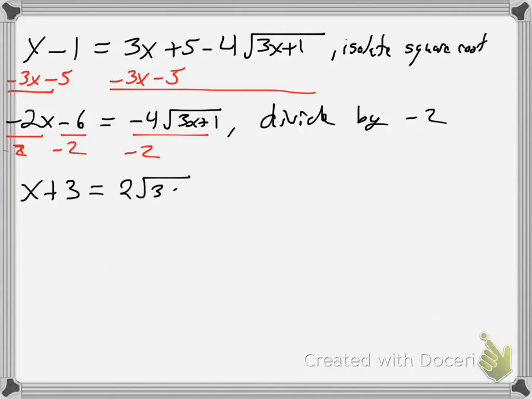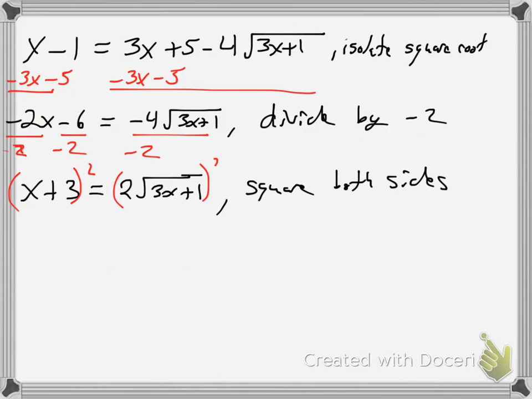Okay. Alright, now we got that square root pretty much isolated. So now we're going to square both sides. And x plus 3 quantity squared is going to FOIL out to x squared plus 6x plus 9. The other side, the 2 becomes a 4, and the square root and the square are going to cancel each other out. So that's what's happening over on the right side.